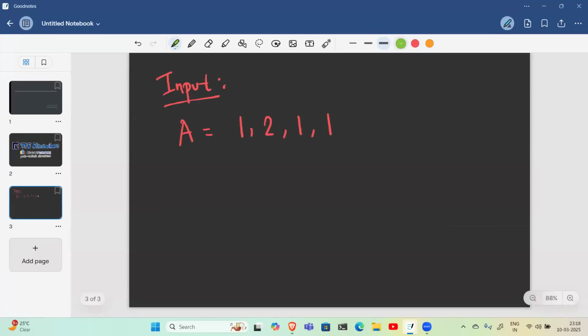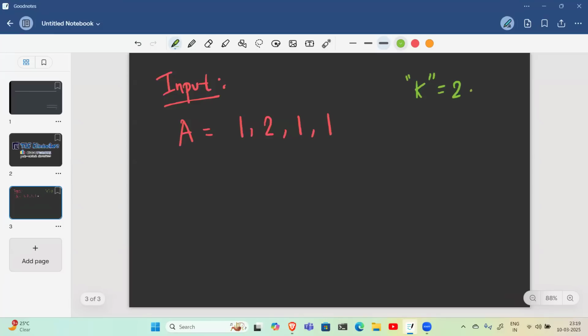Now, what do we need to do? At every operation, you can choose some integer k, which is basically the number of subsequences. That is your choice. So let me choose k equal to 2. Now, we need to break A into two subsequences of equal length.